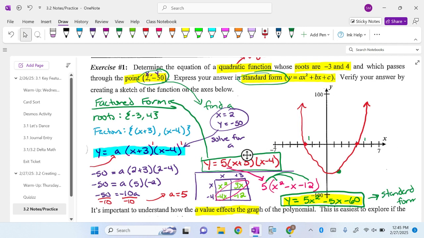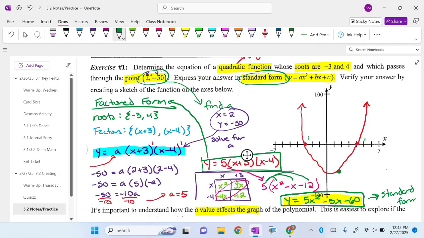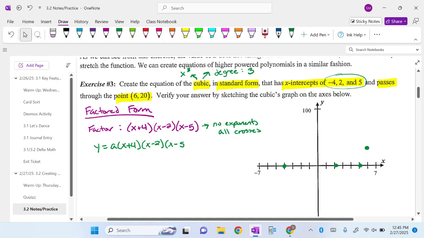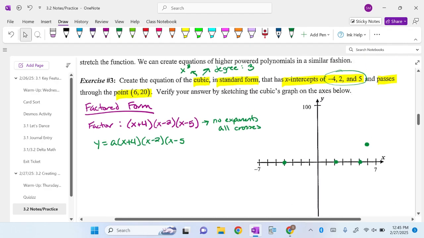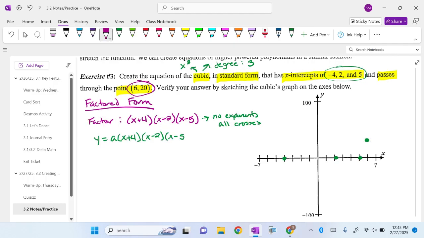So I'm using the point that it passes through. All right, let's go with Luna. If I'm using the point that it passes through to find my a value, how do I plug it in? I plug in what for what letter?